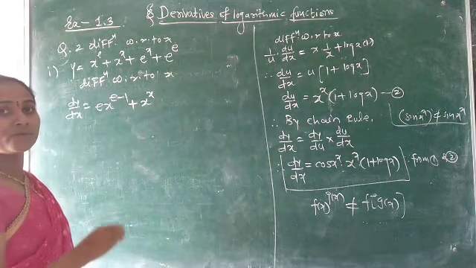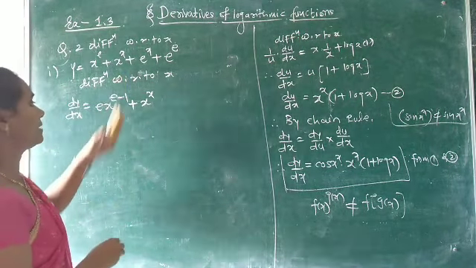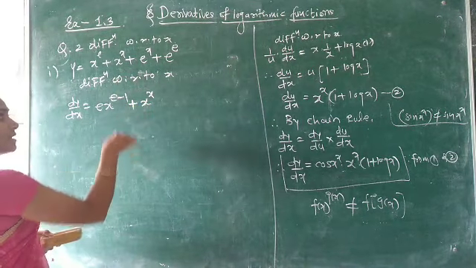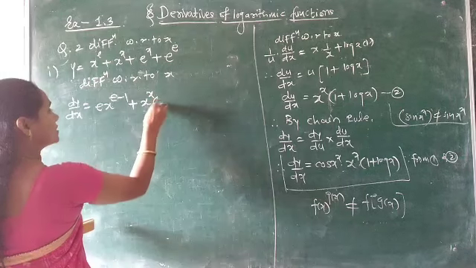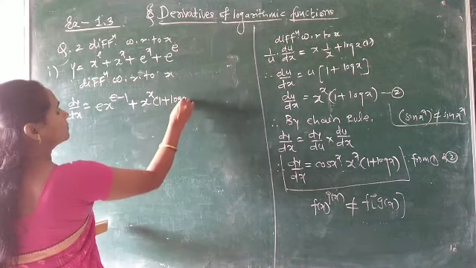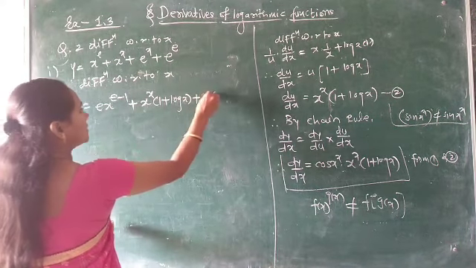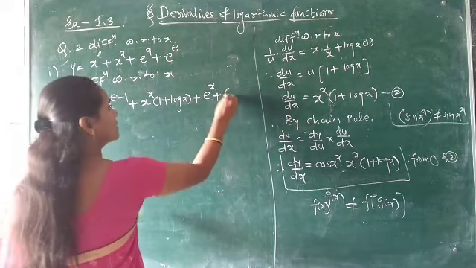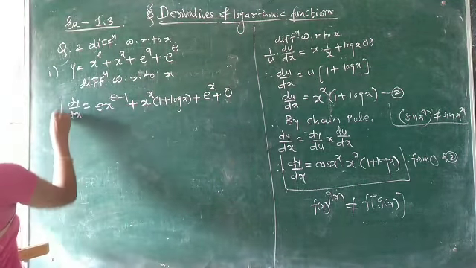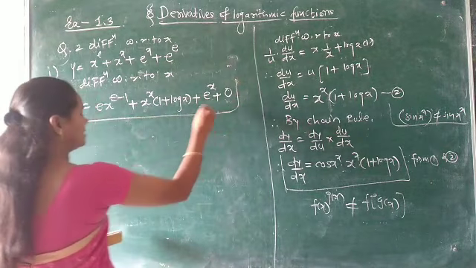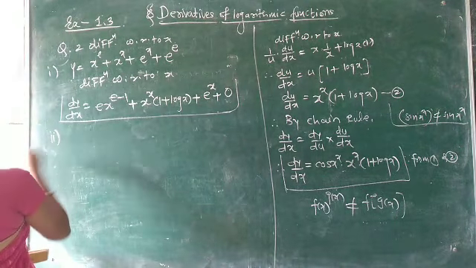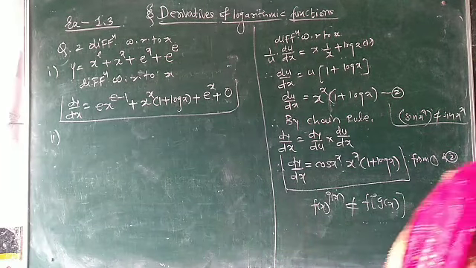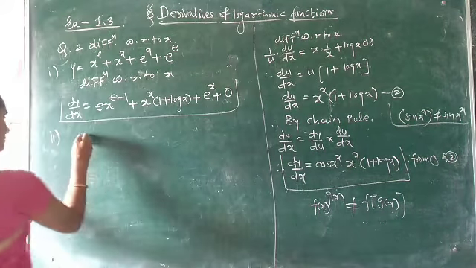But in an exam, if you are asked a question of this type, then you should try to find the derivative of this x raised to x and then write this. x raised to x into (1 plus log x) plus the derivative of e raised to x, which is e raised to x, and the derivative of e raised to e, constant raised to constant, is 0. This is the derivative.